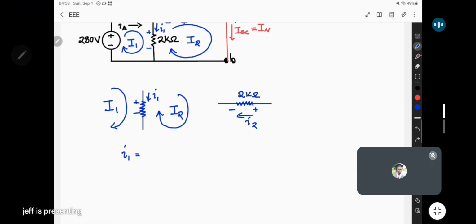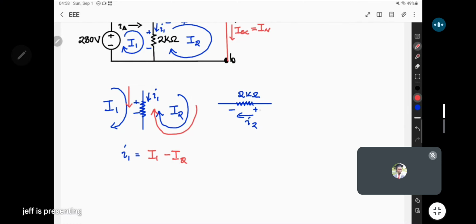Passing through the 2 kilo ohm resistor, you have to see that I1 is also going downwards. So they have the same polarity. So this is going to be plus I1. But I2 is in the opposite direction. So because of that, I'll say minus I2. This is how these are going to relate.